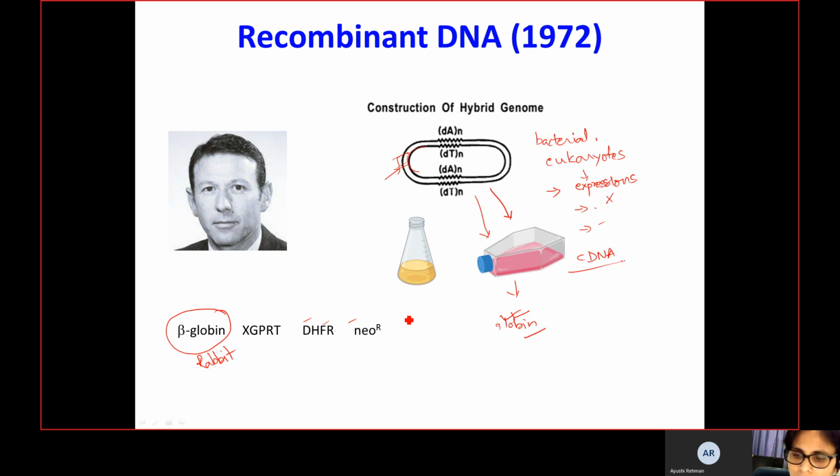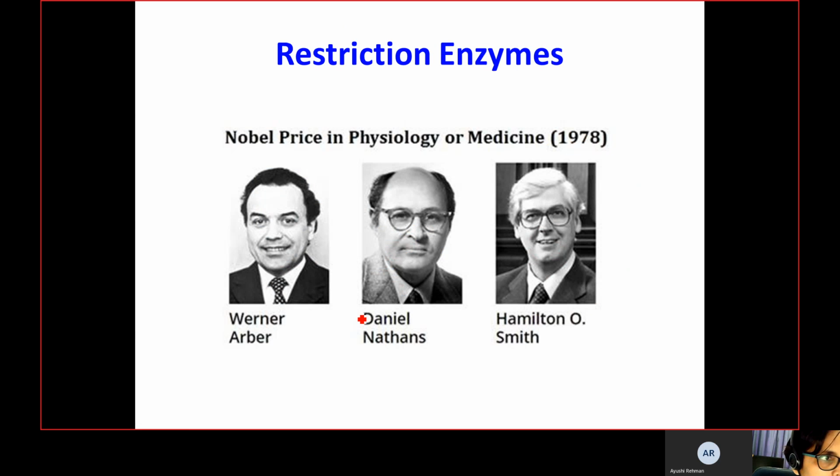So this was his trial, and that is how the whole field started: the expression of genes or editing of genes. This is how the whole system started, actually, how to convert one gene into another system, how to express it, and how to analyze it.